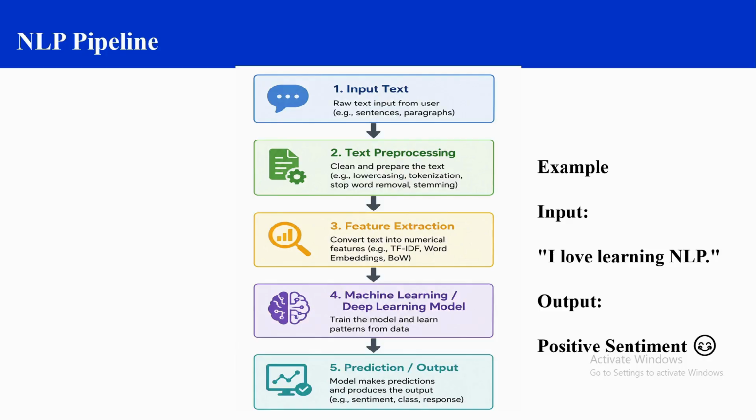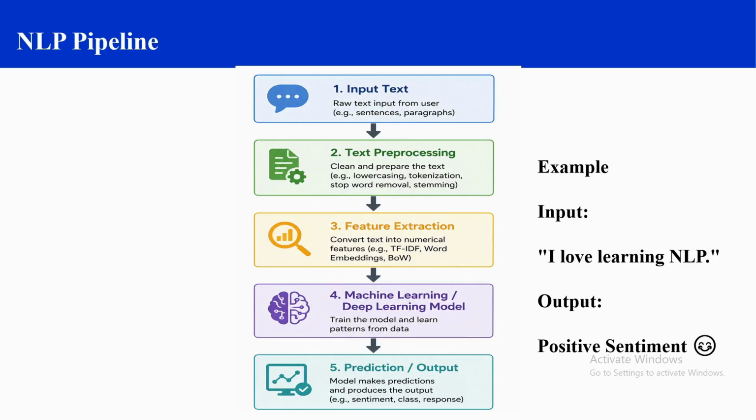The third stage is feature extraction. In this stage, the clean text is converted to numerical form because machine learning algorithms cannot work directly with words. The next one is the machine learning or deep learning model. The model analyzes the set of features and learns the patterns from the data. The final step is the output prediction. For example, if the task is sentiment analysis, the model predicts whether the sentence expresses a positive, negative, or neutral sentiment.